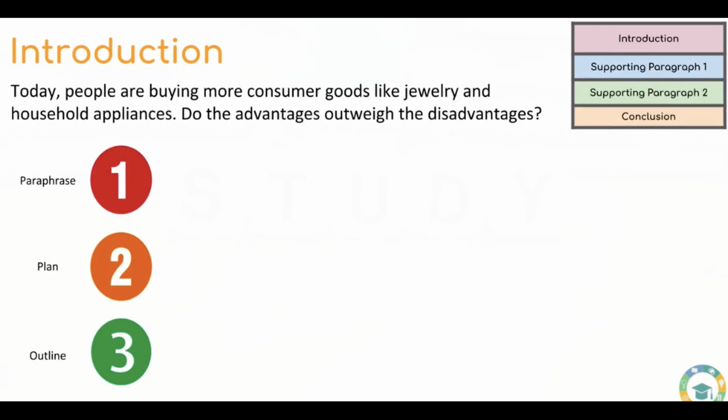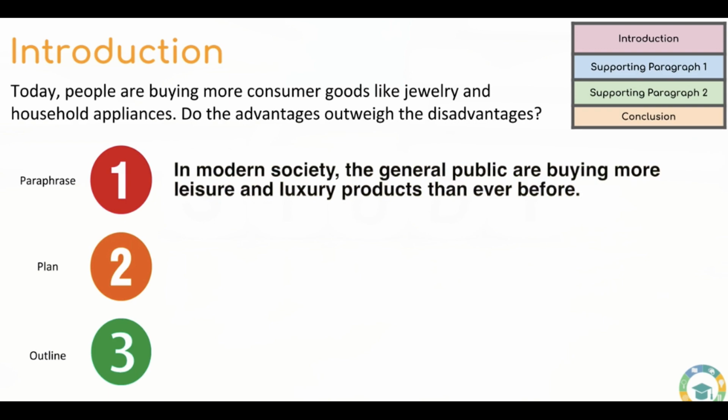So here we are at our 3-sentence introduction: paraphrase, plan and outline. I'm going to go through each sentence to show you how I would create my introduction to answer this question. First up, paraphrase. In modern society, the general public are buying more leisure and luxury products than ever before.